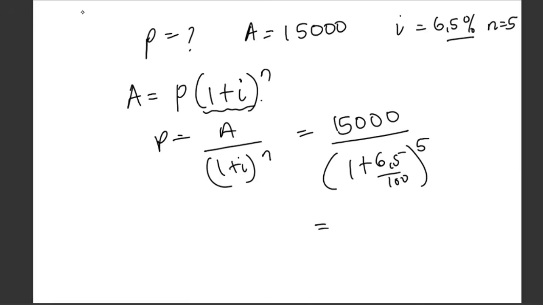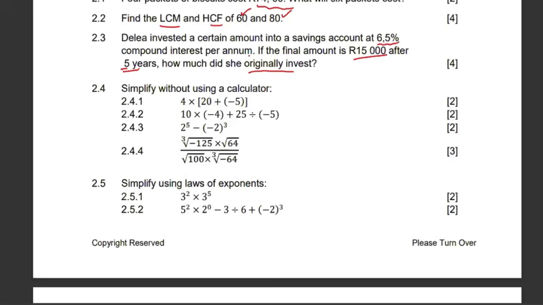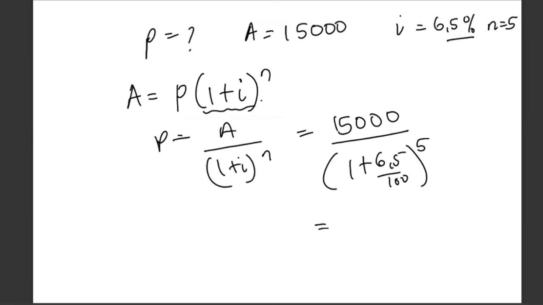Okay, so when I punch this into the calculator, so 15,000, 1 plus 6.5% to the exponent of 5. Okay. What am I getting? What are we getting if the final amount is 15,000 after 5 years? How much did she originally save?